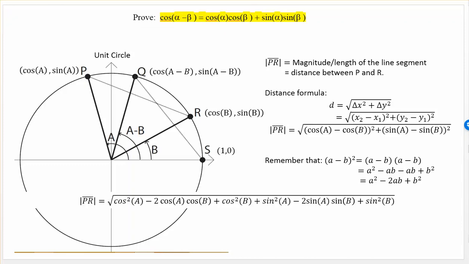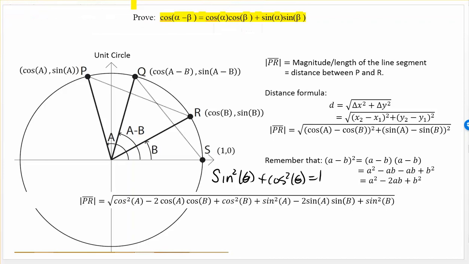So here we have the cosine squared A, and we also have a sine squared A. If we use the Pythagorean identity, sine squared theta plus cosine squared theta equals 1, as long as these two angles are equal, sine squared plus cosine squared equals 1.